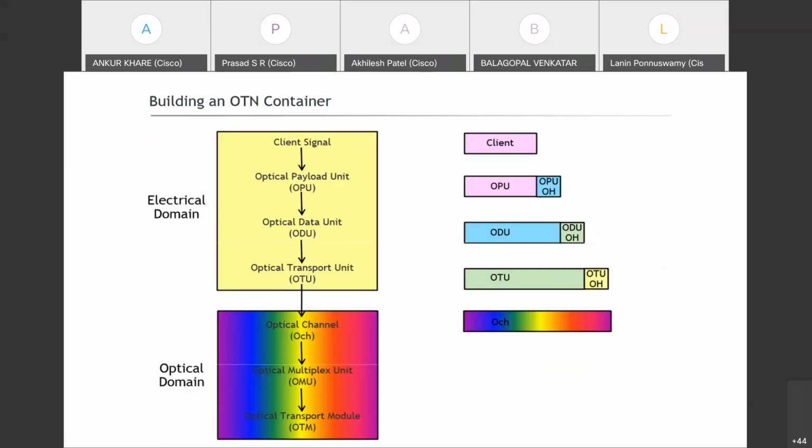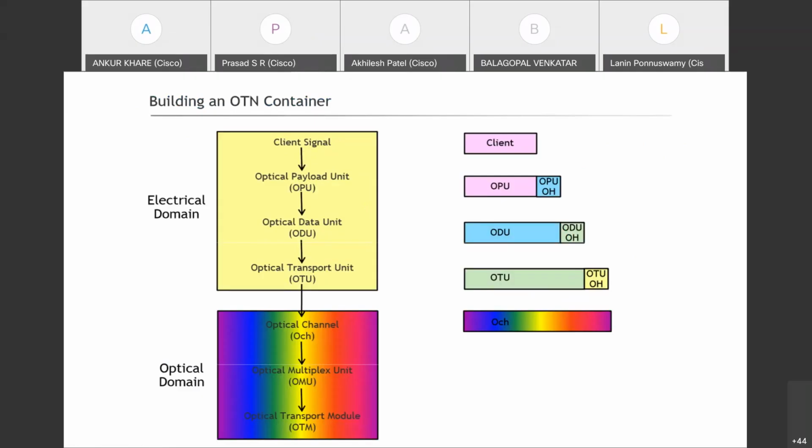How does it build that OTN container? When you have a client signal, it can be anything, 100 gigi for example. So the 100 gigi client signal will come here. It will be encapsulated into the OPU, which is the optical payload unit. So OTN has 3 layers.